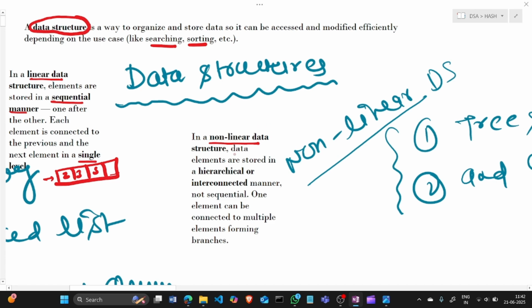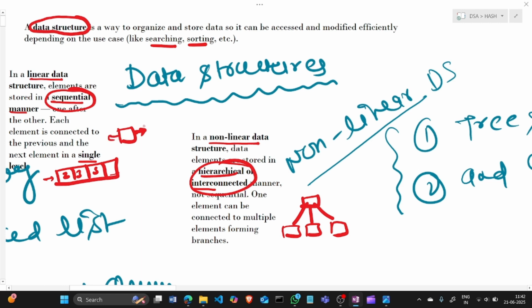While non-linear data structures are stored in a hierarchical manner, so one element can connect to many elements. But in a linear structure, one element can connect up to two elements, the next and previous.